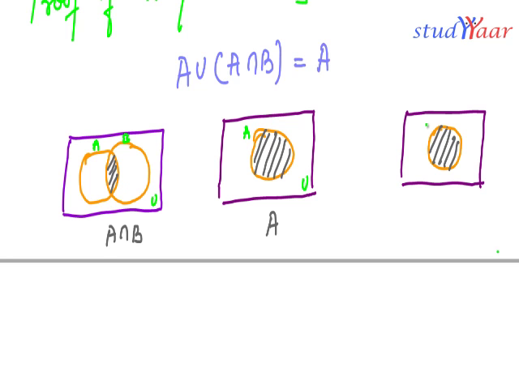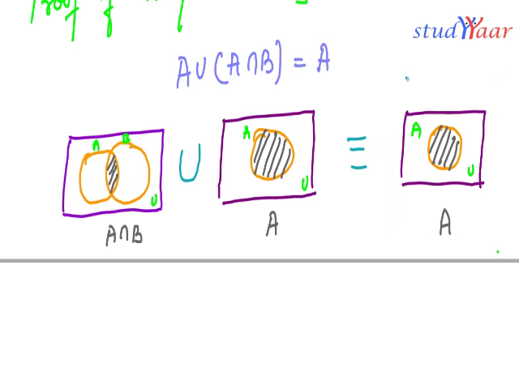So over here we have A, over here we have the universal set, and this is A. What you can do is take a union of these two and you are going to get this same image. You are going to get A itself.